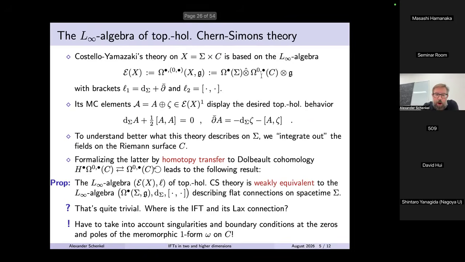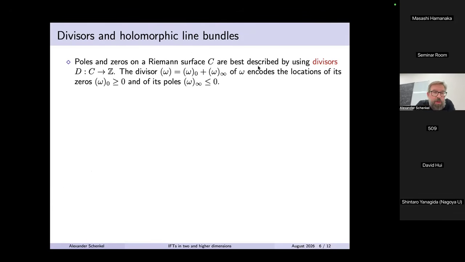So the way how singularities and boundary conditions can be nicely introduced in order to make this theory non-trivial is by using a few techniques from complex geometry, namely techniques of divisors and their associated holomorphic line bundles. So I say a few non-technical words about divisors.